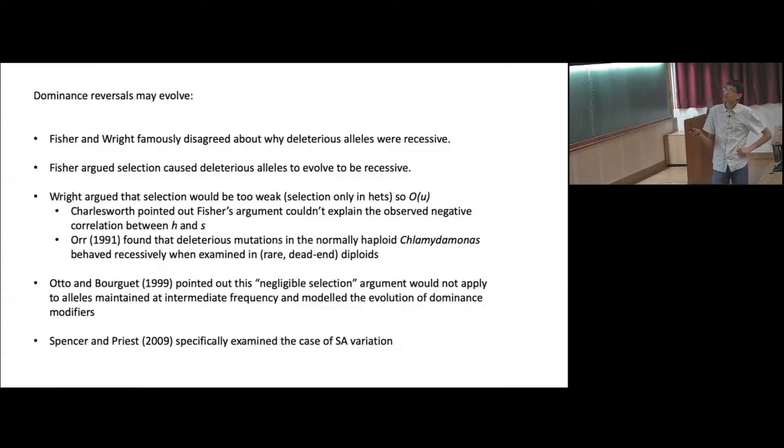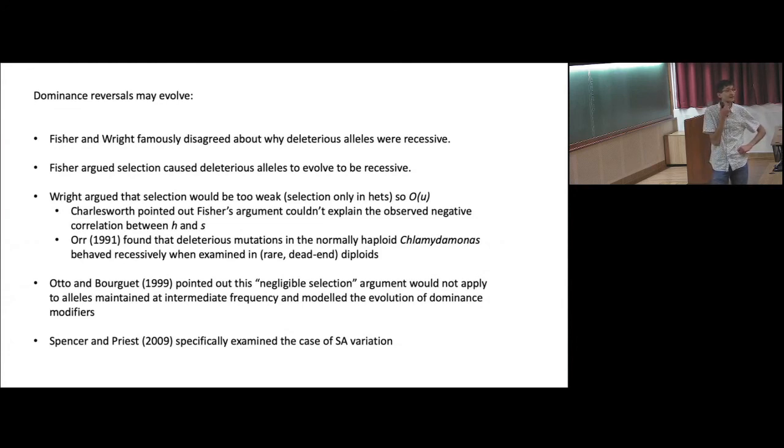So let's talk about dominance. And where we're going with this is that maybe dominance reversals evolve. We can't get into that without noting that Fisher and Wright famously argued about why deleterious alleles tend to be recessive.